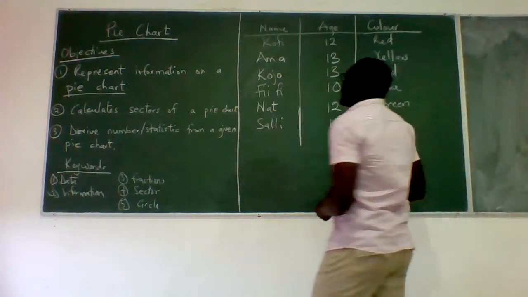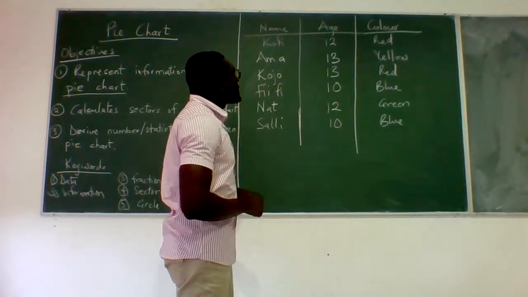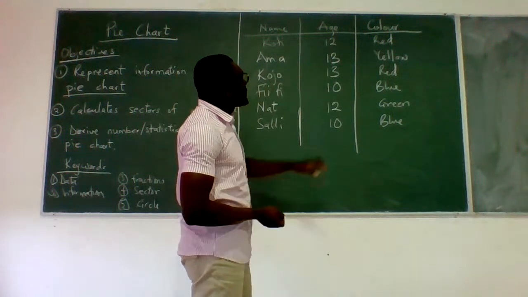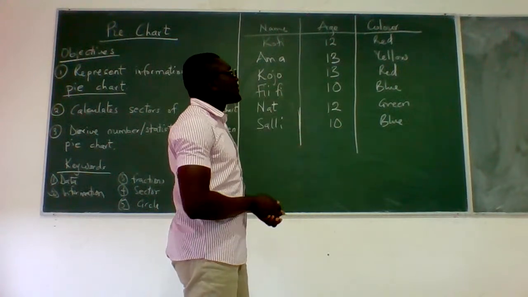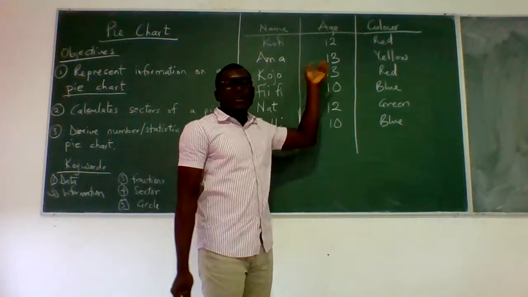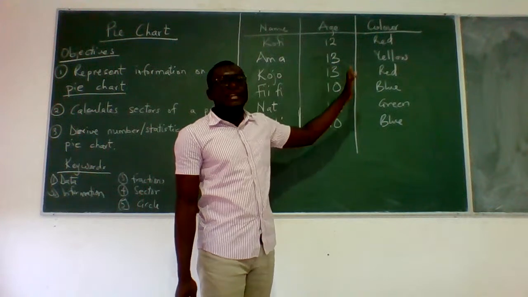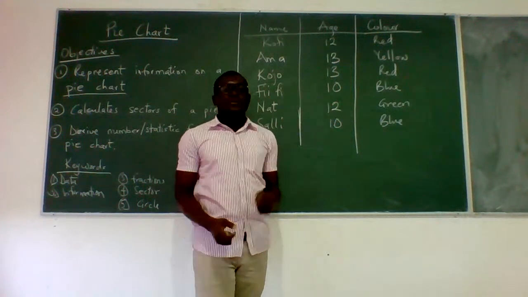But the moment I group this, so let's say now I have two people of the age 13. So the moment I say that, okay, out of the class, two people are of age 13 years, then what I am giving to you is information. I have processed this data to get something out of it for you.